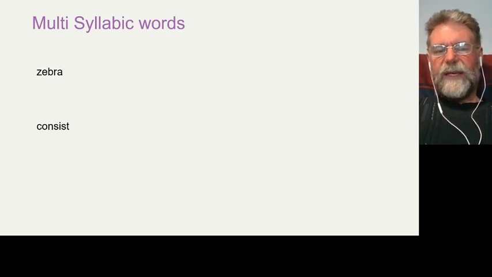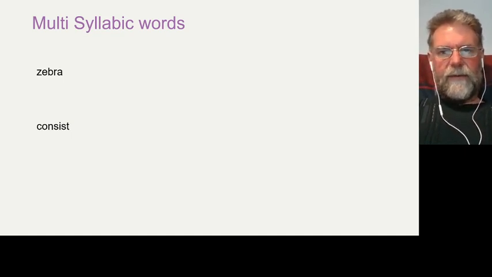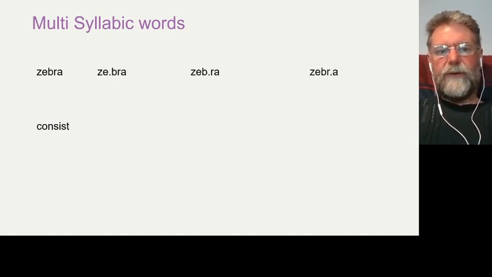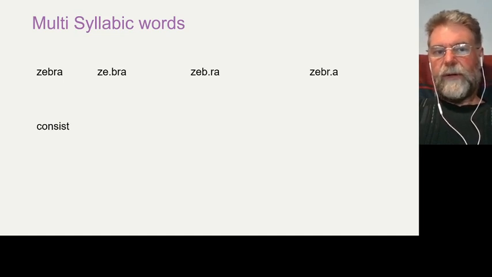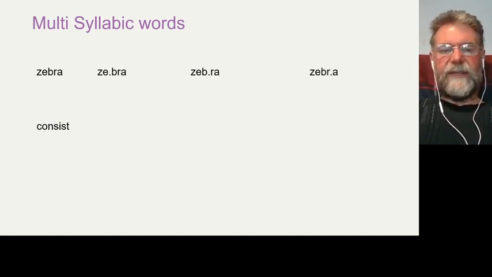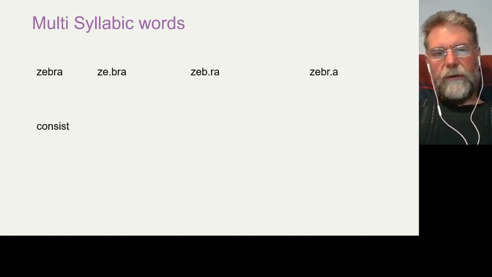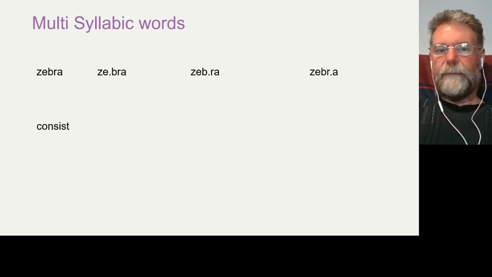The question is how we break those two syllables up with respect to the two consonants that come in between the two vowels. Now here are some possibilities. We could put the break after the first vowel and have the two consonants b and r in the onset of the second one, and have ze-bra, depending on how you pronounce that word.